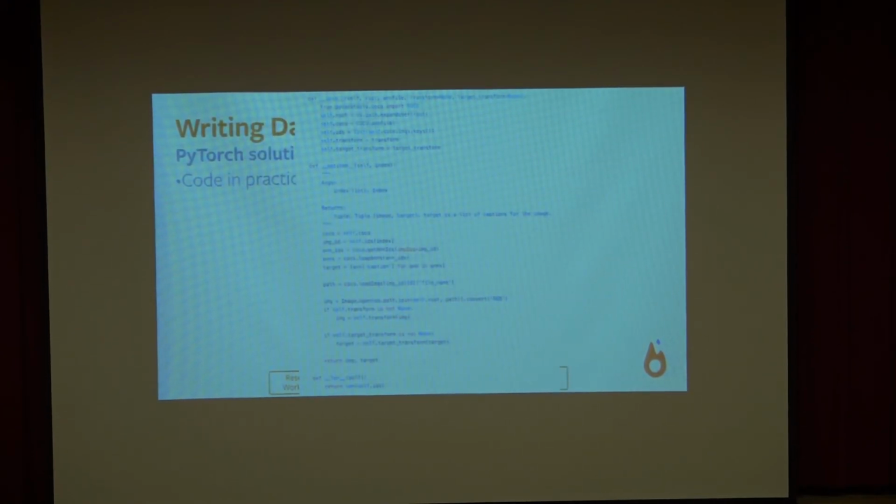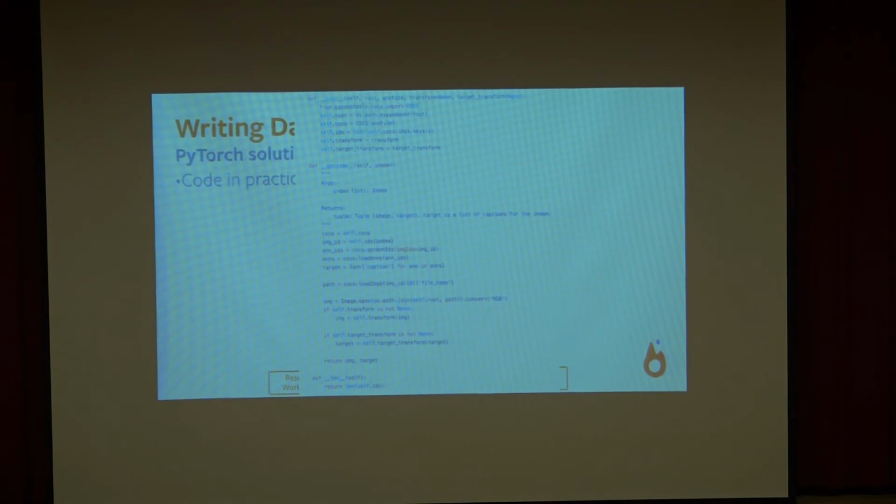And this is an example of writing your own data set. If you have to write your own data set, and you don't have this data set available in the PyTorch community, then all you have to do is define a constructor with options for your data set. You have to define a get item that defines how to load the kth element.